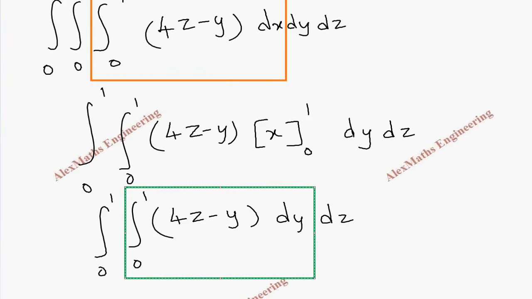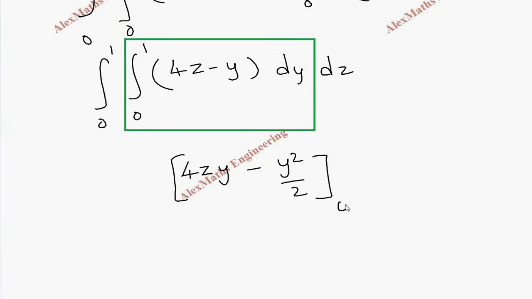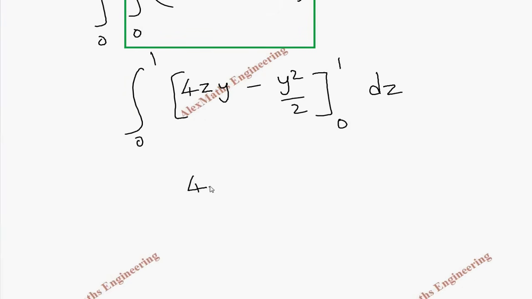Now other than y is constant, so 4z integration is 4z into y. Y integration is y square by 2. We have to use the limit from 0 to 1 for y, and outside we have integral with respect to z. When I substitute the limit 1, this becomes 4z minus 1 by 2, and now the lower limit will be 0.